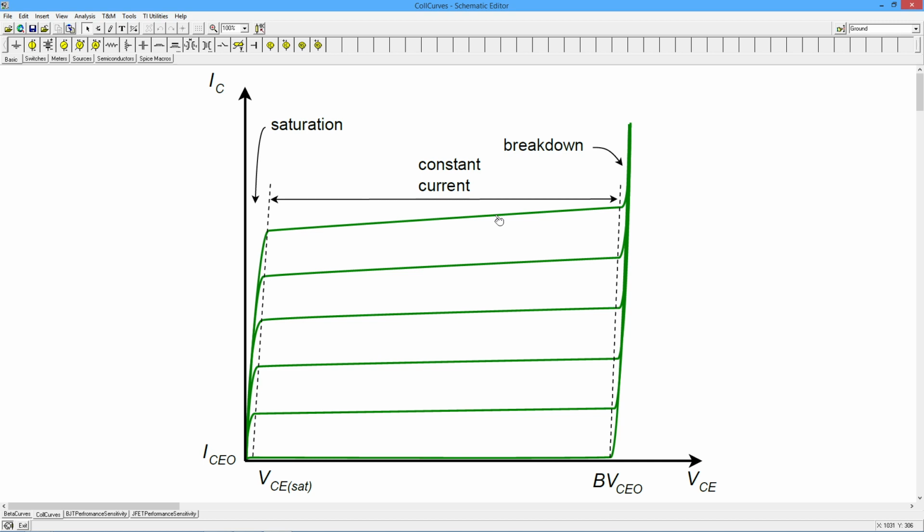You might recall that's because the higher voltage is a reverse bias on the base-collector junction, that increases the depletion region. You could imagine it sort of invading deeper into the base region. It effectively narrows the base region, so there's fewer free charges available for recombination, and effectively that makes your beta go up.